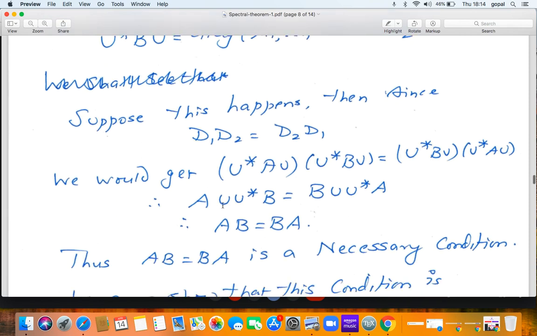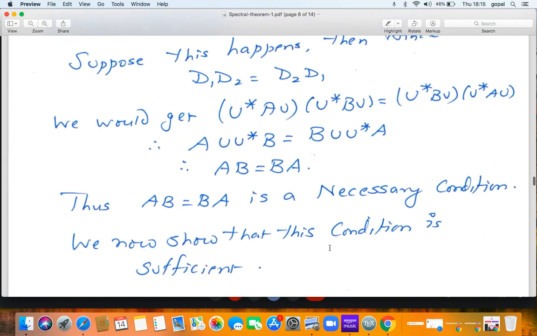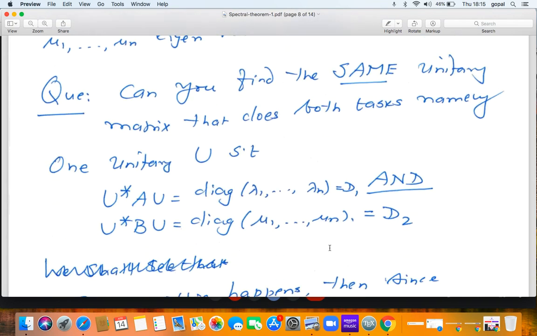Because U is non-singular, I can cancel the U star on both sides by pre-multiplying by U, etc., and U U star is I. So AB equals BA.